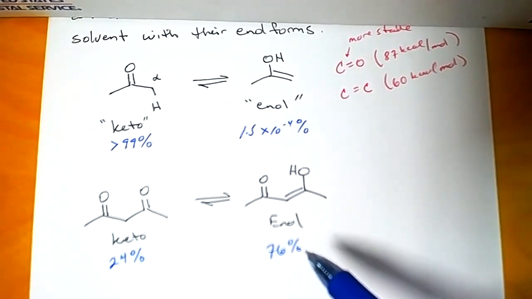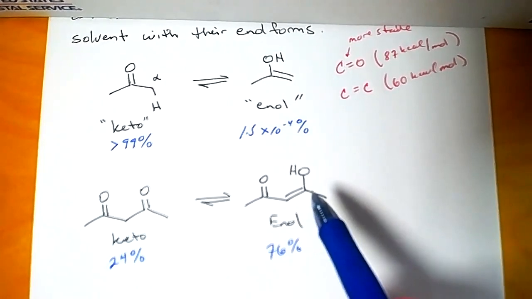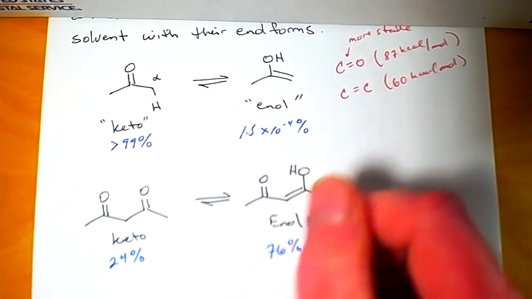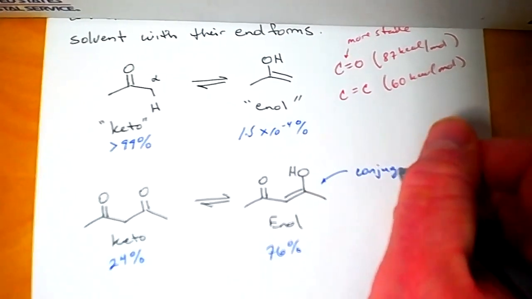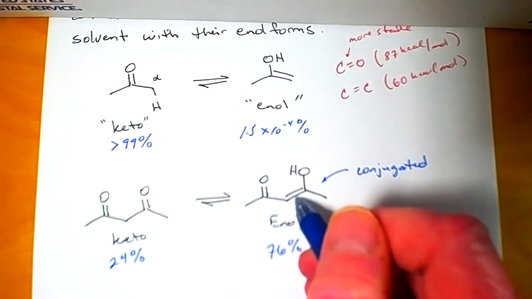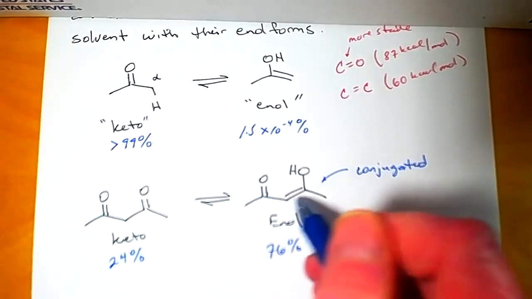And so what is it that is giving this enol an advantage over the ketone? Okay, so if you look at the system closely, you should be able to see one thing that stands out is this system is conjugated. The double bonds are effectively interacting here. Those pi electrons are overlapping.